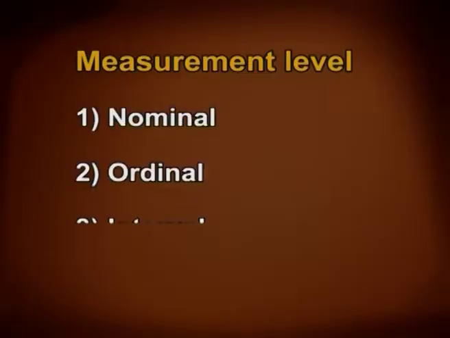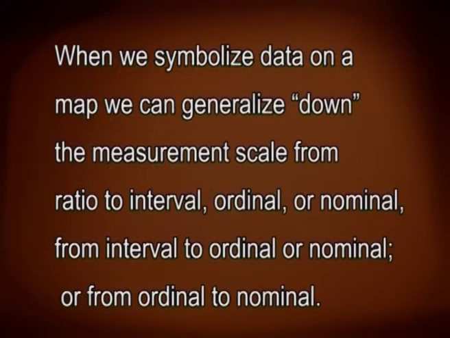Measurement level. All attribute values of features existing in reality can be measured on one of the four measurement scales, defined as nominal, ordinal, interval, and ratio. When we symbolize data on a map, we can generalize down the measurement scale from ratio to interval, ordinal or nominal, from interval to ordinal or nominal, or from ordinal to nominal.